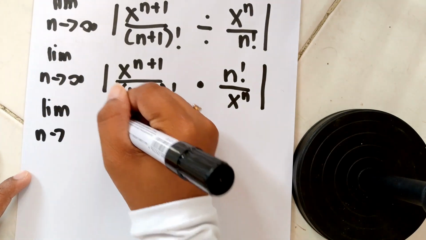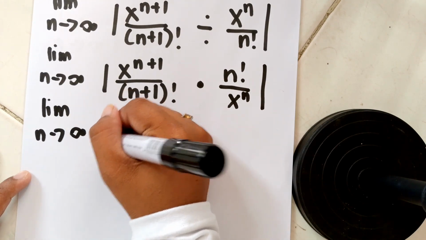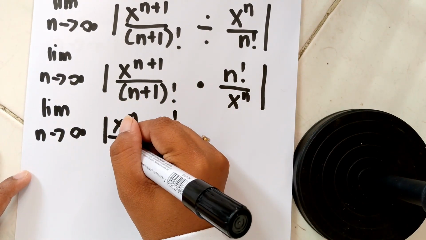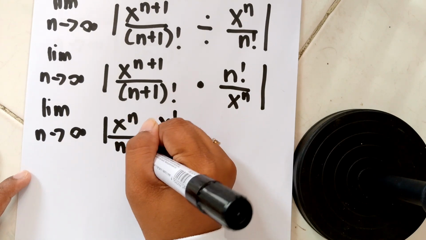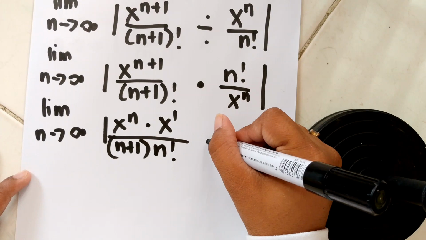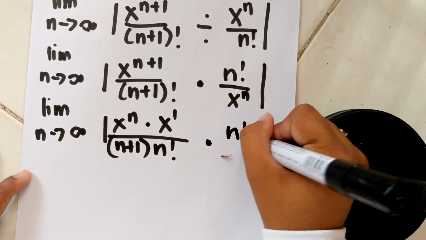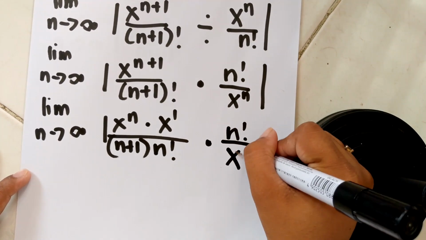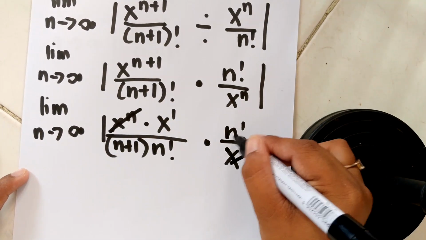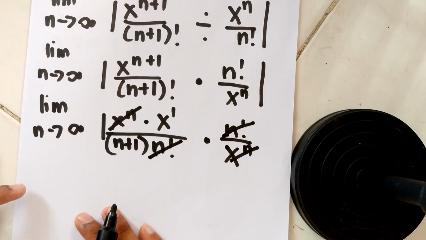Next, we need to distribute the values into x raised to n times x raised to 1 over n plus 1 factorial, times n factorial over x raised to n. Since we see the same terms, we need to cancel them out.